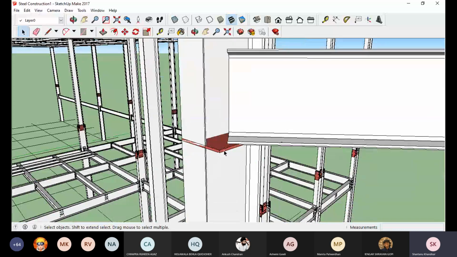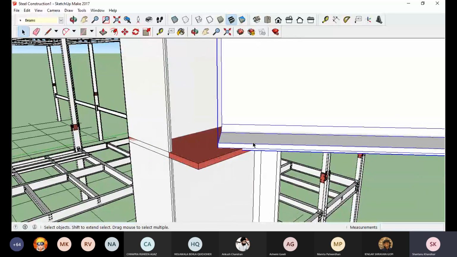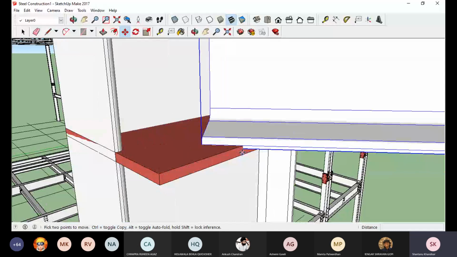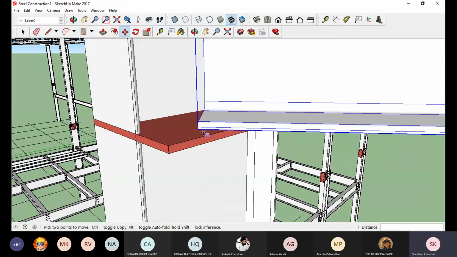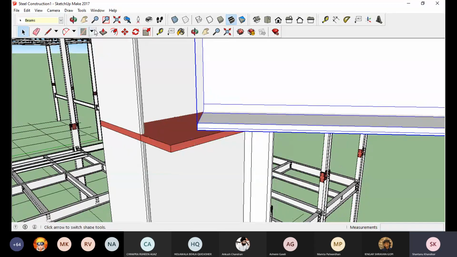Now here you can see that the problem is that this particular plate is not really getting enough support that is required. So what you would have to do in that particular case is add more cleats here at the bottom, and that's what we call moment resisting connections, because there's a large bending moment being formed over here.